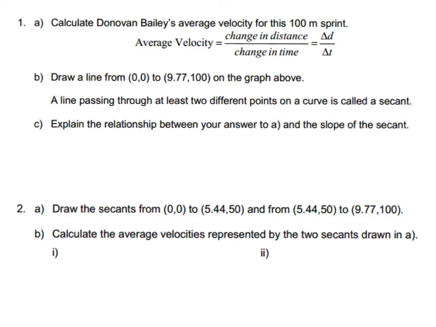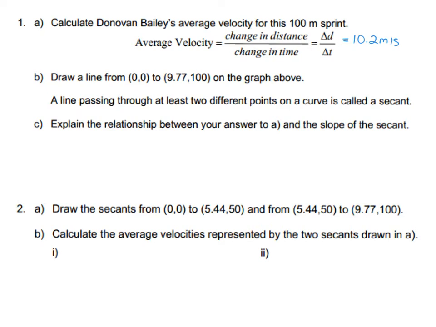Okay, so the first thing we're going to do is calculate his average velocity by simply taking the change in distance over the change in time. So I'm going to go back to the graph to do that. Okay, so just putting it over here so that we have it, it was 10.2 meters per second. Okay, so question B asks us to draw a line from 0, 0 to that final point on the graph.